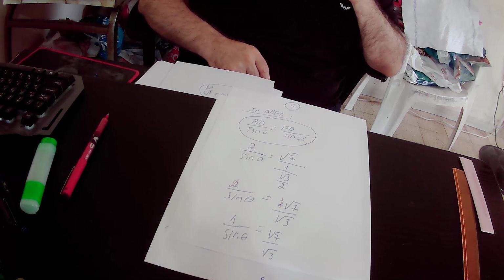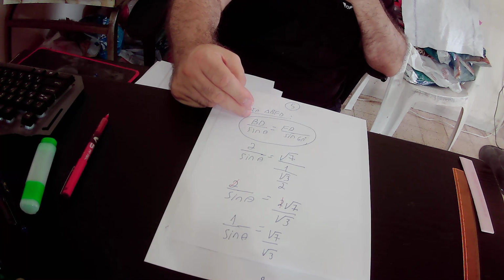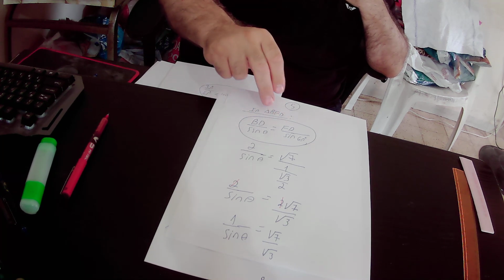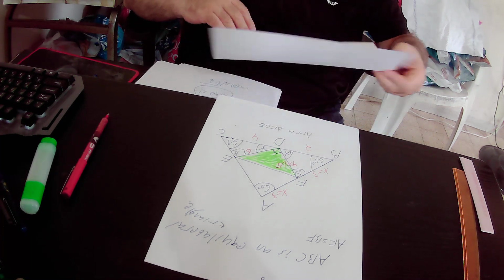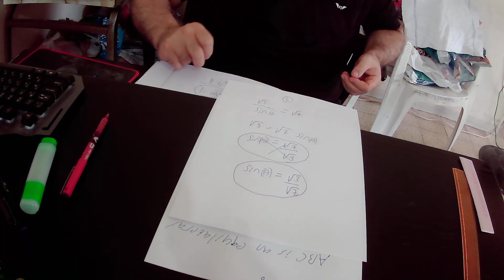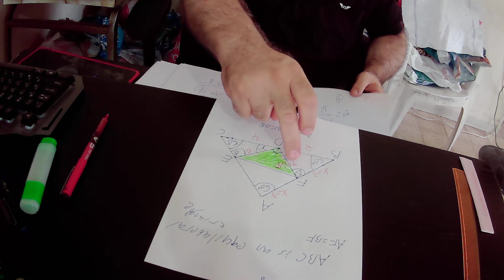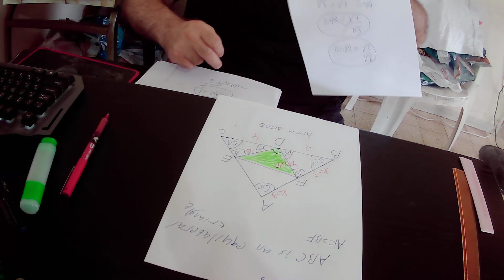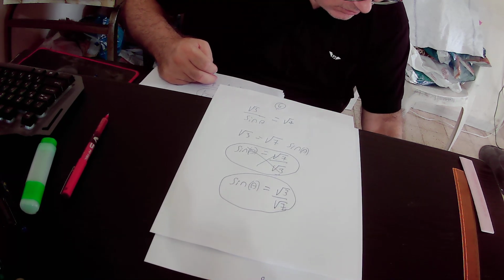We have all the values of all the line segments here, and by solving this simple equality we found out that the value of sine theta is root of 3 over root of 7.